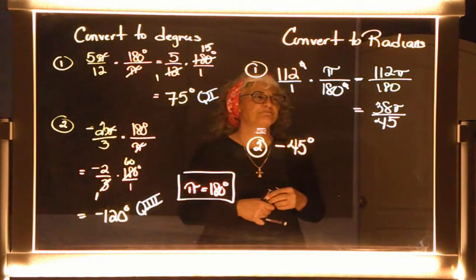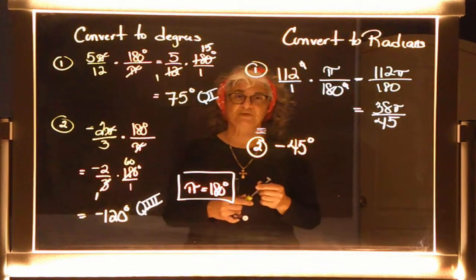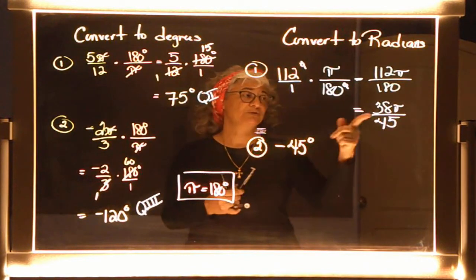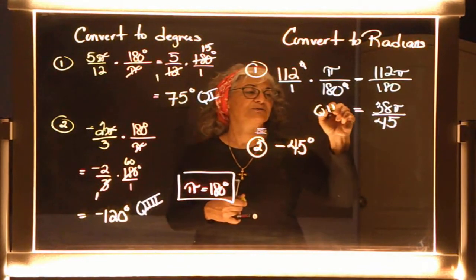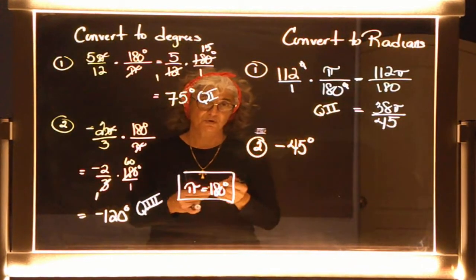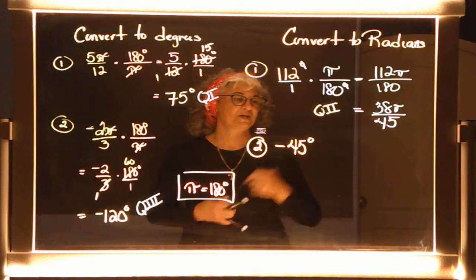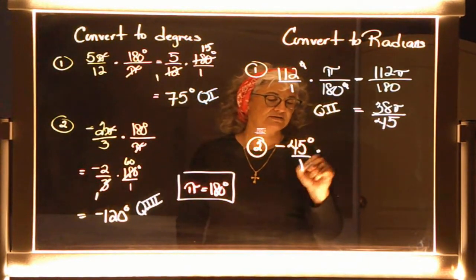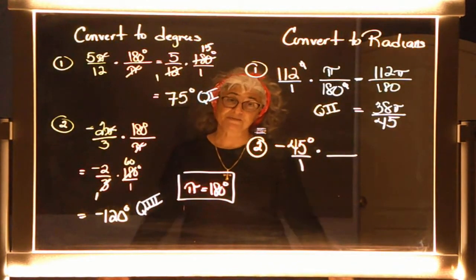Well, so be it. By the way, 112 degrees was which quadrant? Yeah, that was quadrant 2. So 38 pi over 45, that's also quadrant 2. Cool? Let's look at this one. Okay, again, we're multiplying fractions. And I've got degrees on the top. Do you want them there?